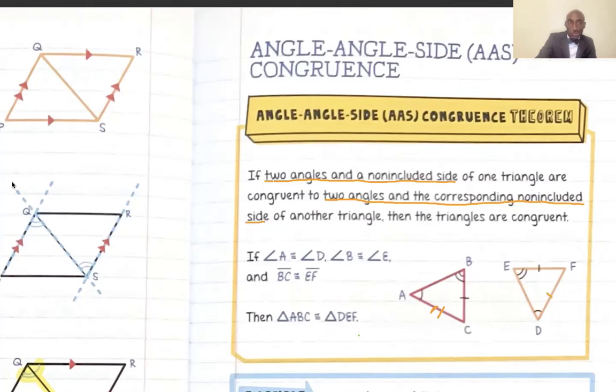It still works. In this example, B, C and E, F were the ones that were congruent, but it could have been A, C and D, F and that would have still worked. So it's about the corresponding side being non-included. You just can't have different sides.